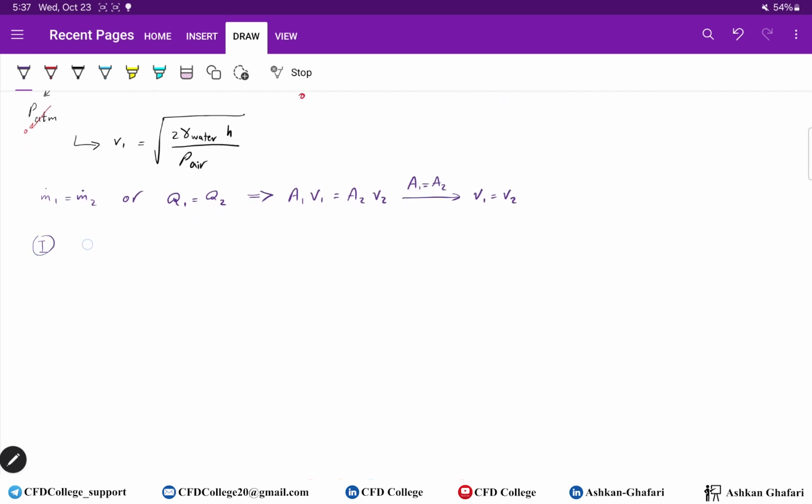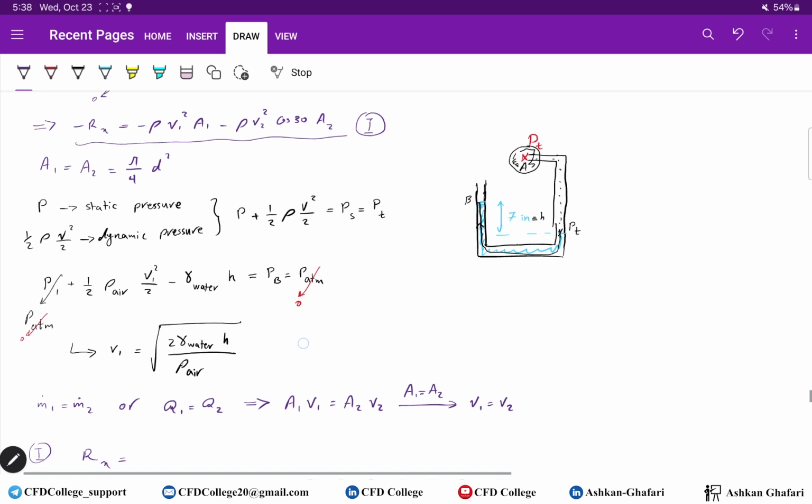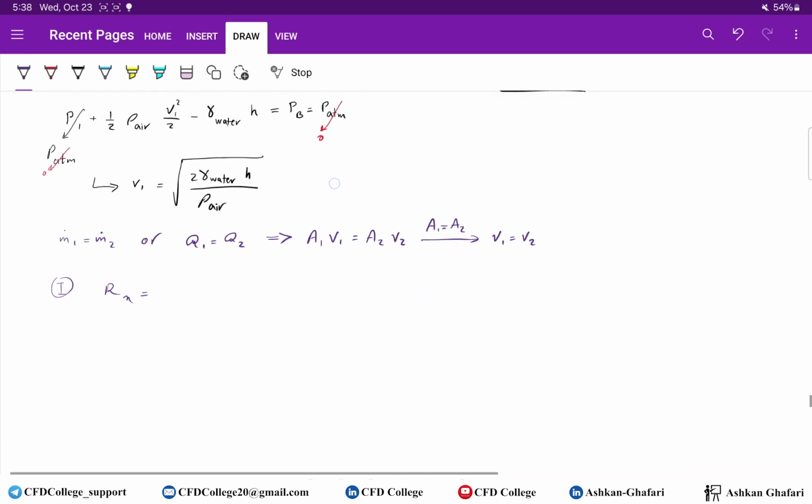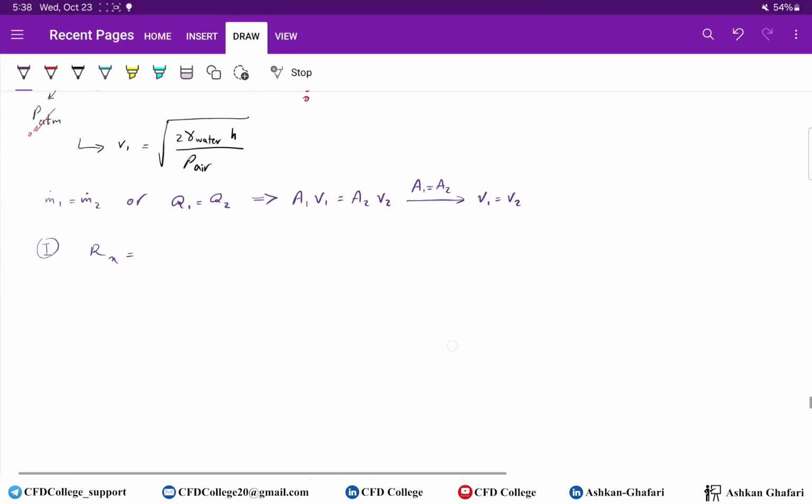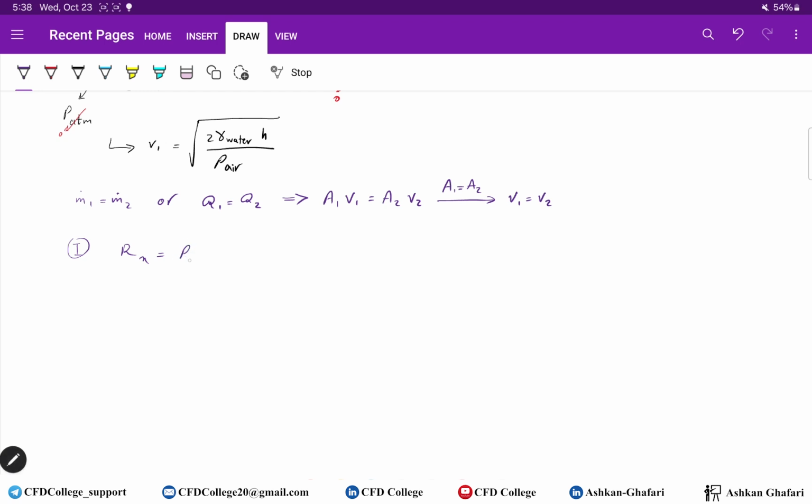So if we put the values, Rx equals rho V1 square times A1 plus the same rho V2 square cosine of 30 A2, where rho is density of air, V1 square is 2 gamma h over rho air, and A2 is equal to A1.